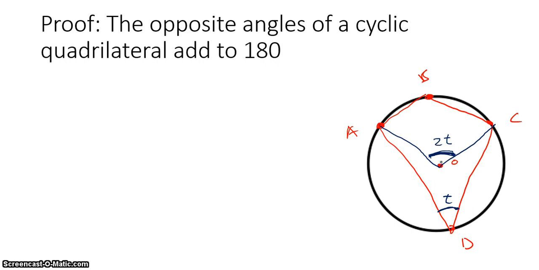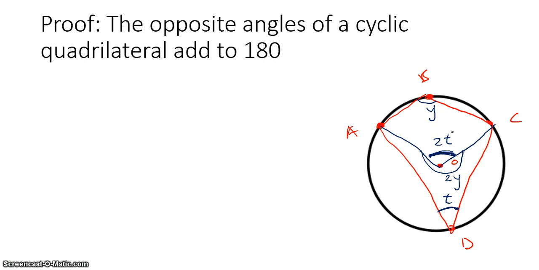From there, we can say the exact same thing with this one right here. If we call that angle Y, the angle right here is also 2Y, just using the double angle theorem. So if we change color for a second, I'll use purple.